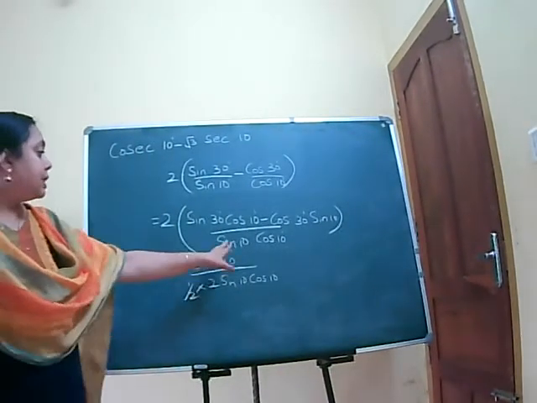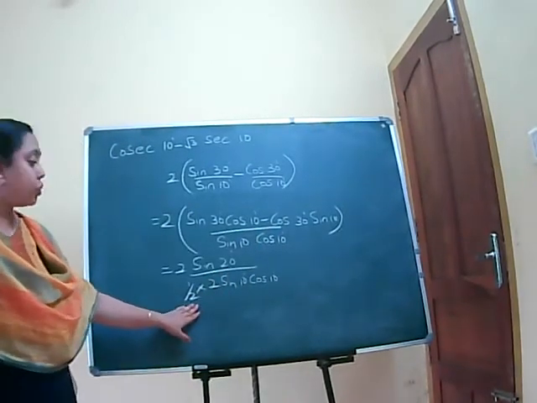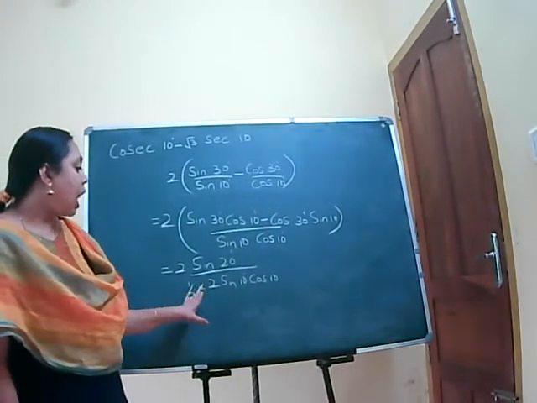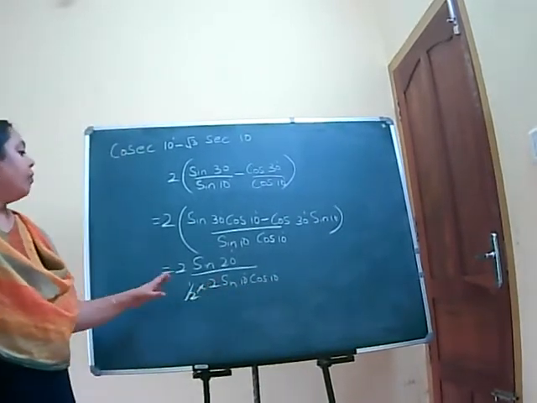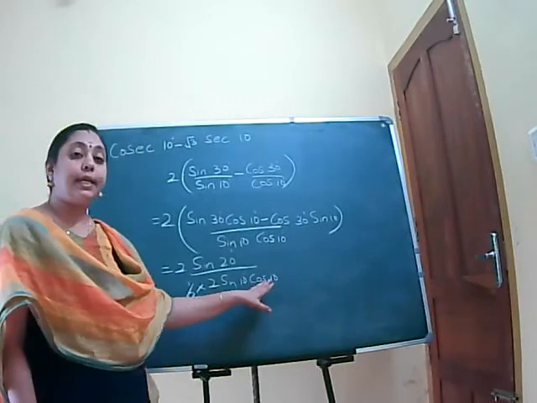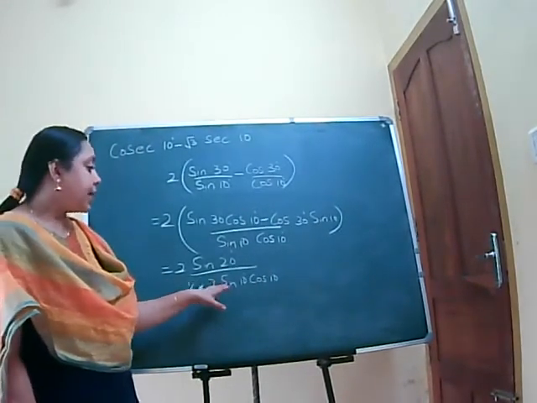Here we multiplied and divided by 2. Then this becomes half into 2 sin 10 cos 10. We know that 2 sin theta cos theta is sin 2 theta, that is sin 20.